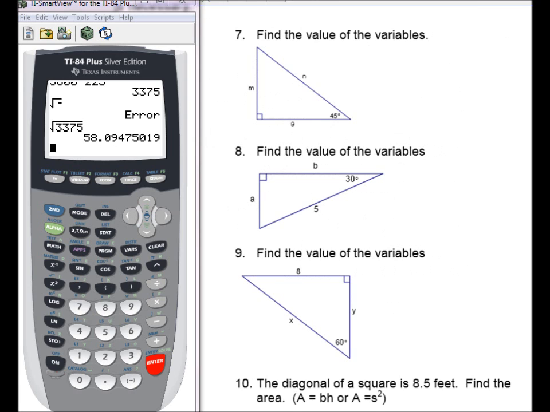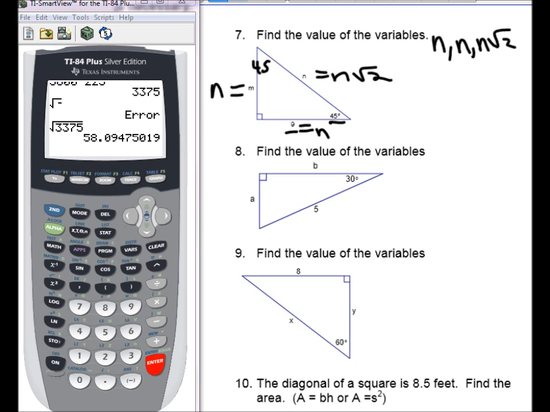Okay, number 7, we're going to find the value of the variables. So we are given one side and one angle, and we're looking for a third side. Using your graphic organizer, when you're looking for the second side, and you're given one side and an angle, if the angle is a 45-degree angle, you're using n square root of 2. So opposite the 45 is n, opposite this 45 is also n, and opposite this 90 is n square root of 2.